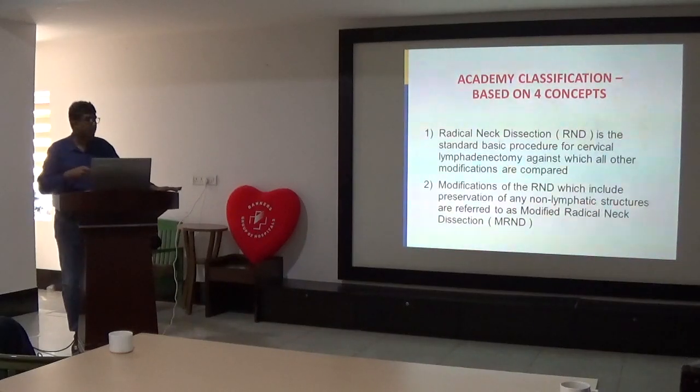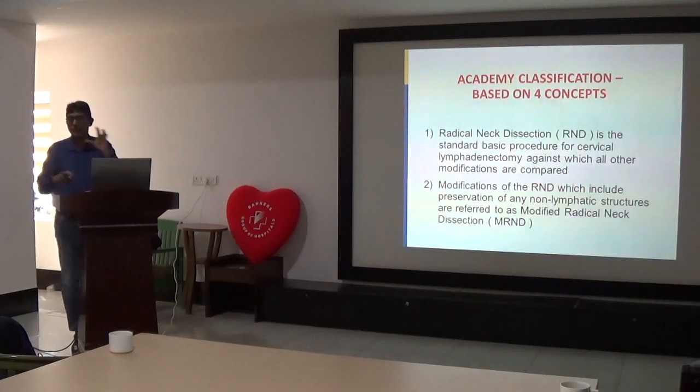All the lymph node levels, the sternomastoid muscle, the spinal accessory nerve, and the internal jugular vein are removed, along with two glands: the submandibular gland and the tail of the parotid.